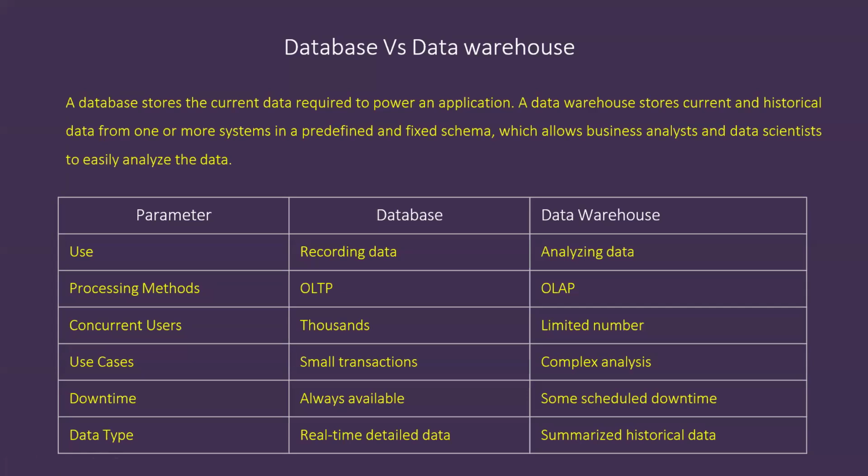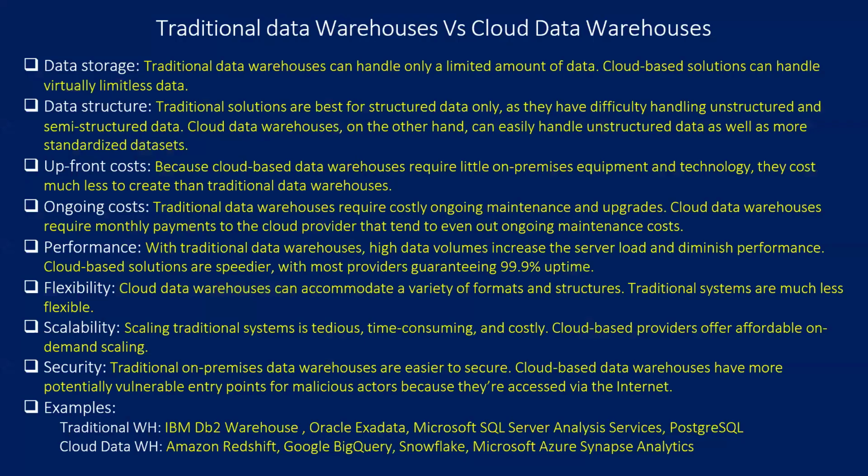Then see, what are traditional data warehouses and cloud data warehouses? If I want to maintain a traditional one, then you have to take care of data storage, data structure, that means whether you are processing structured, semi-structured, or unstructured data, then upfront cost, ongoing cost, performance, flexibility, scalability, and security.